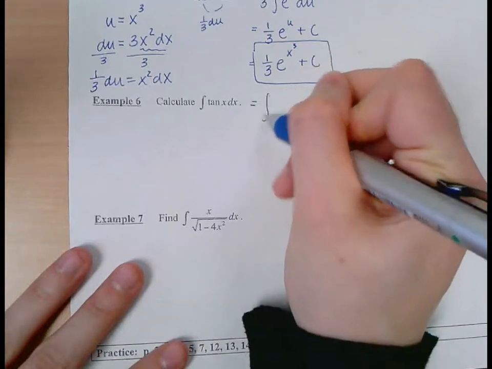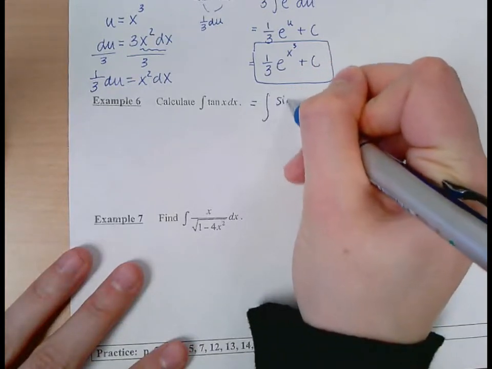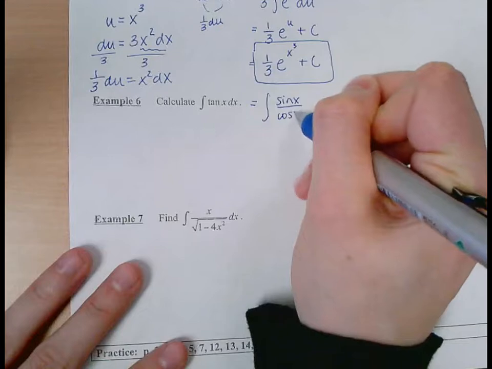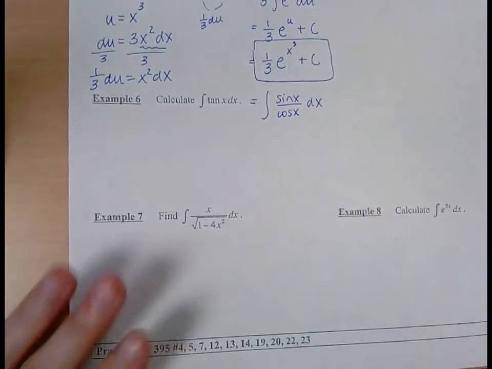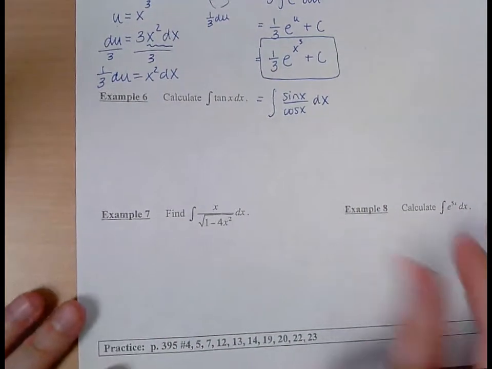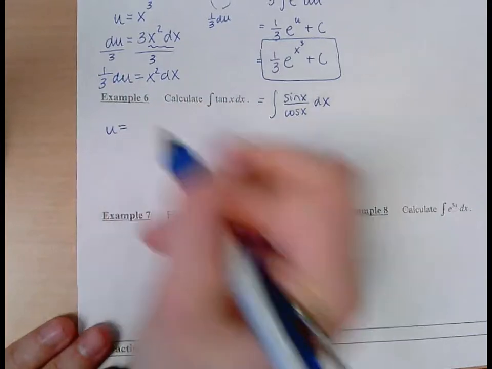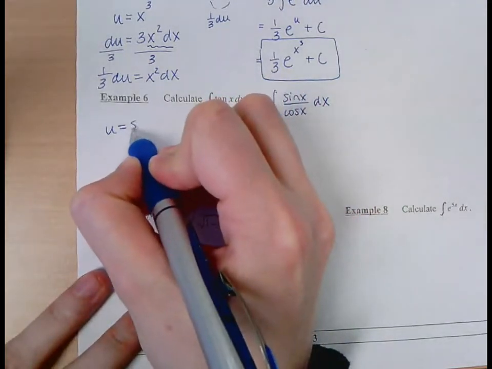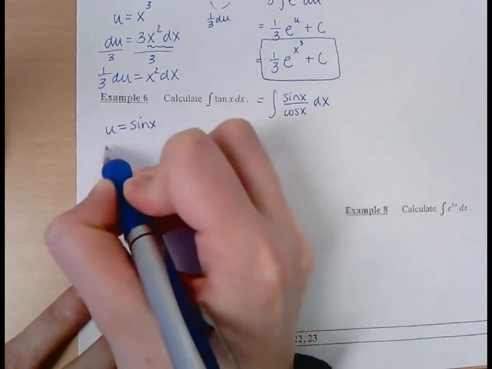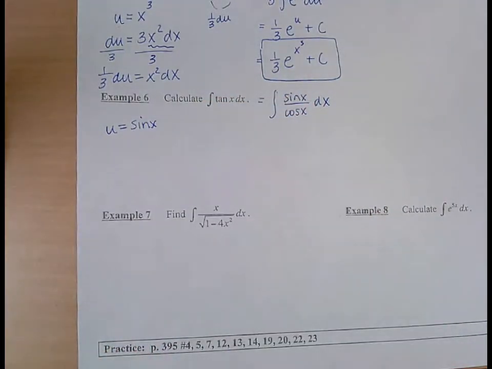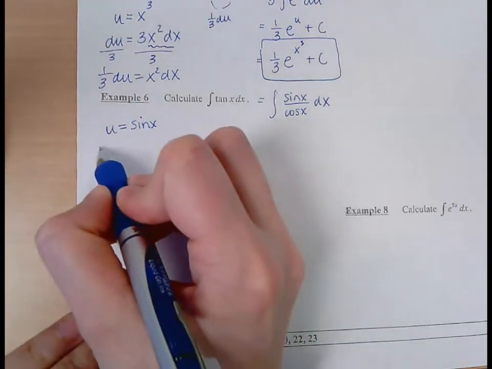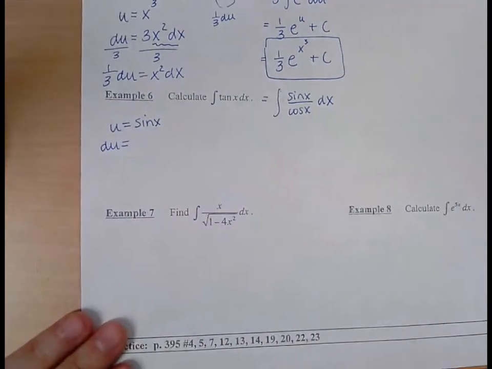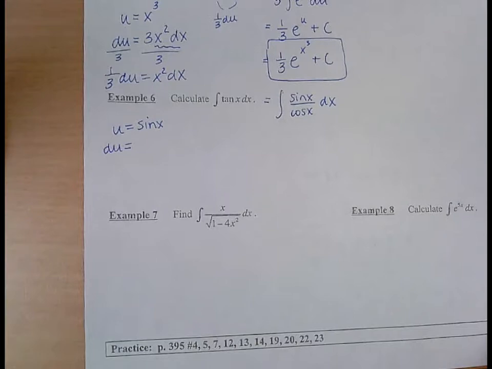I can rewrite tangent as sine of x over cosine of x dx. The question is, which do I choose for u? If I choose u as sine of x, what would du have to be?